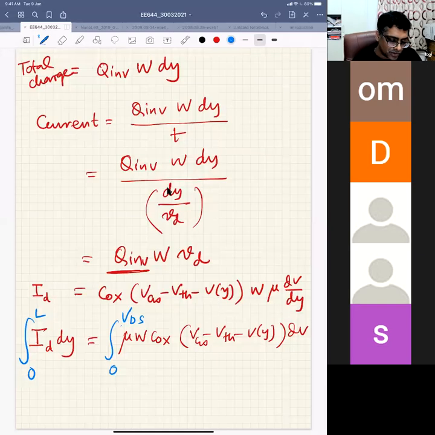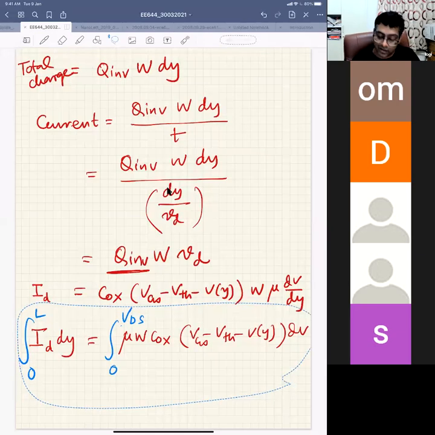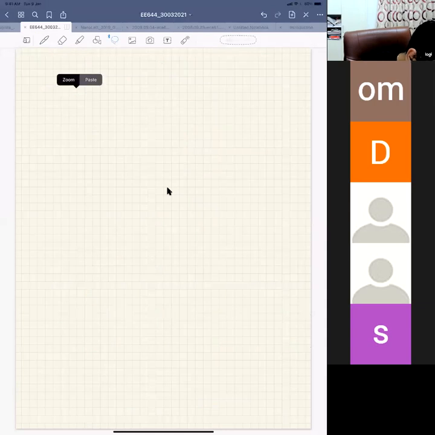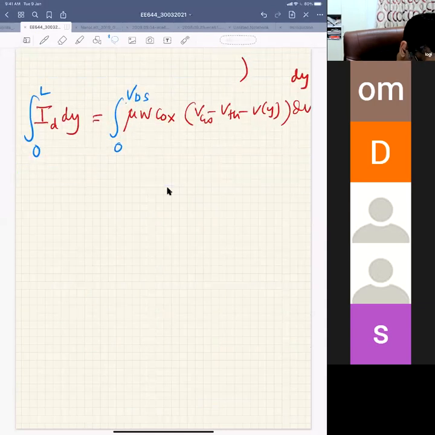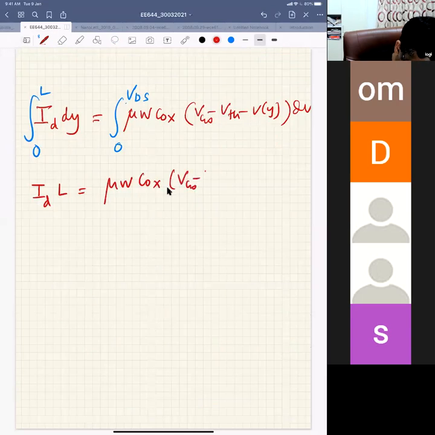Then ID times L equals mu W Cox times [(VGS minus VTH) V minus half V square] from 0 to VDS.